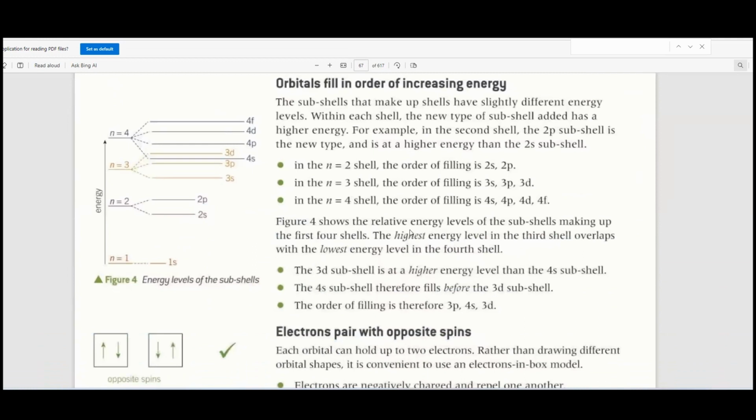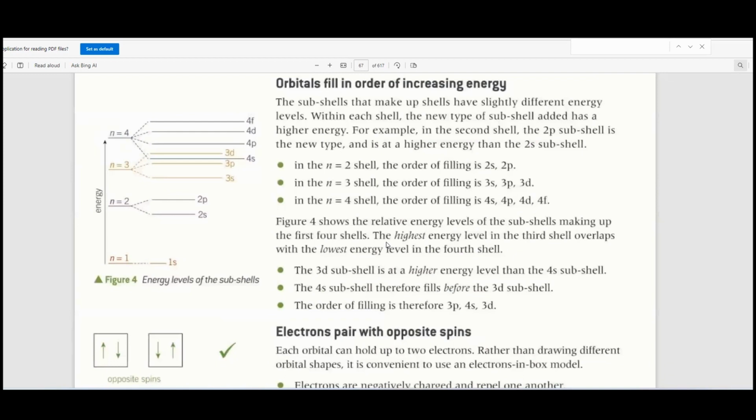Figure 4 shows the relative energy levels of the subshells making up the first four shells. The highest energy level in the third shell overlaps with the lowest energy level in the fourth shell. The highest energy level in the third shell is 3D.